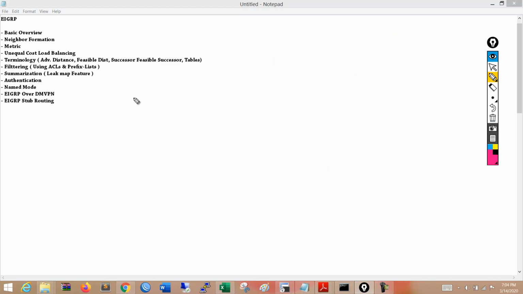EIGRP terminology. EIGRP has many terminologies that we need to know about. So you hear about advertised distance. This is simply my neighbor's metric.